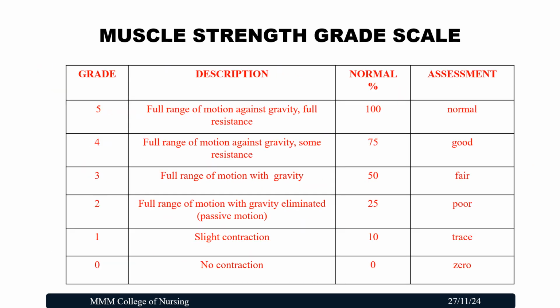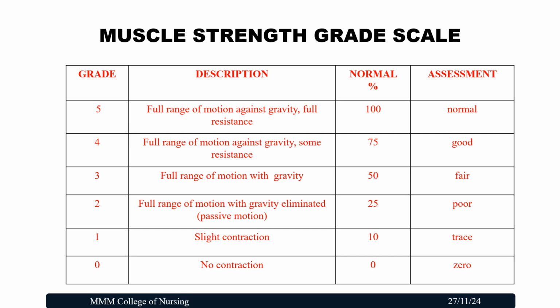For grade 5, which means full range of motion against gravity with full resistance, the percentage is 100 percent, and the assessment is normal. Grade 4 is a full range of motion against gravity with some resistance. Here 75 percent can be accepted, and the assessment is good.